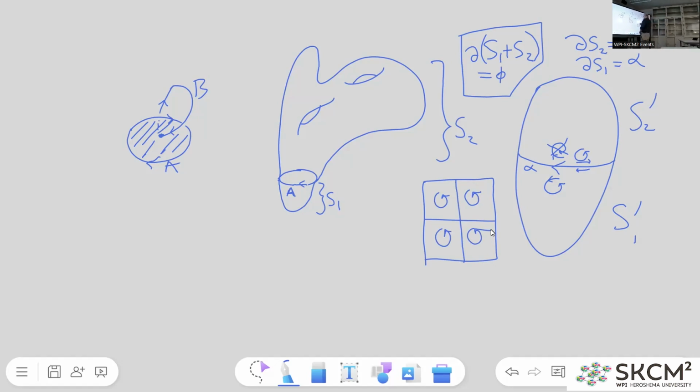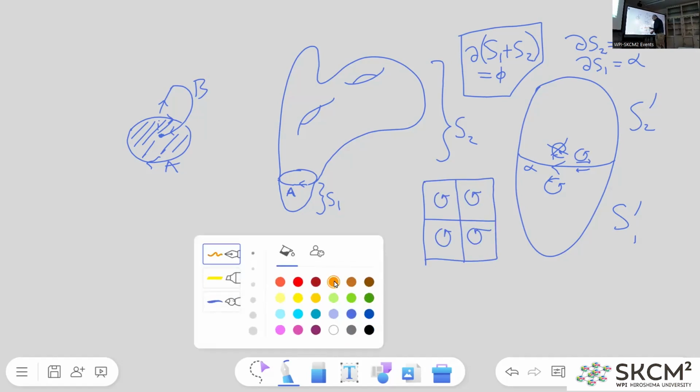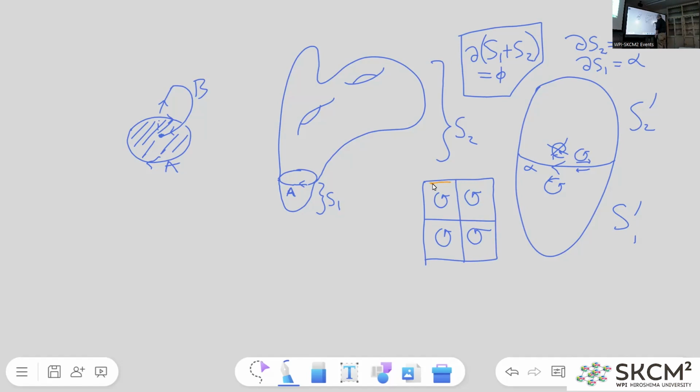And then you see what happened on the boundary, and the boundary, let's do it in a different color. So the boundary is going like this, just following the directional indication of that thing. So that's the way the boundary goes. And this one, well, you see the boundary goes oppositely along the shared part.